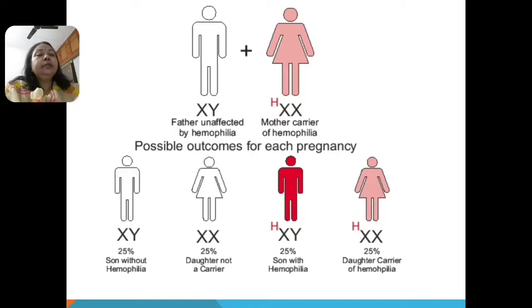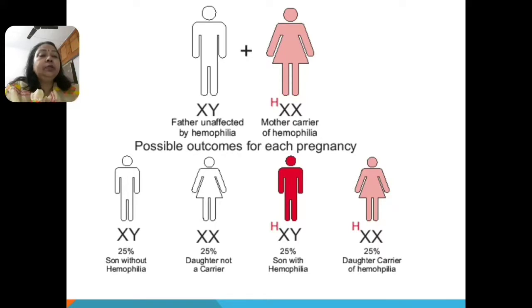In the next slide, if a father is totally unaffected by hemophilia and married to a lady who is a carrier of hemophilia, then what is the possibility of the offspring?